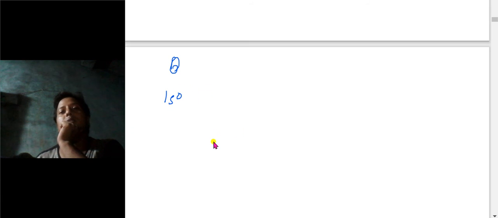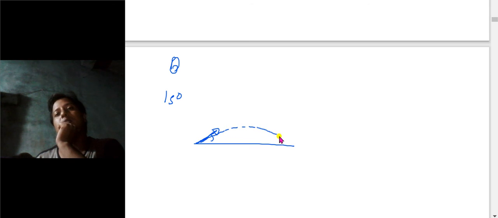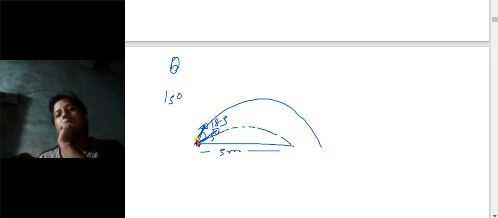So if theta is 15 degree, range is 5 meter, and if theta is 18.5, range is 6 meter.